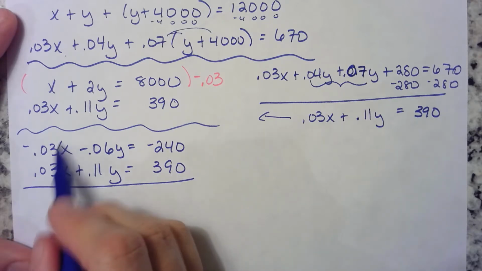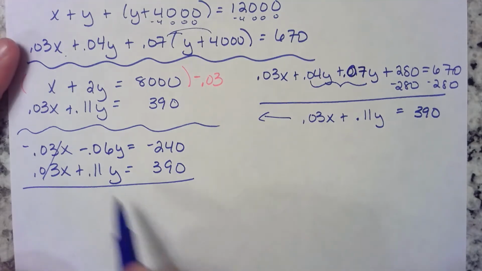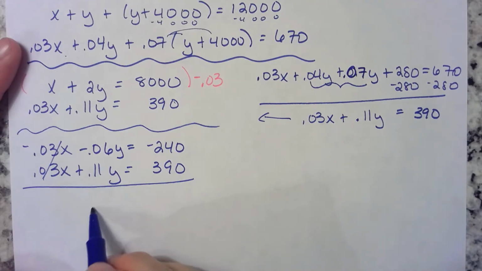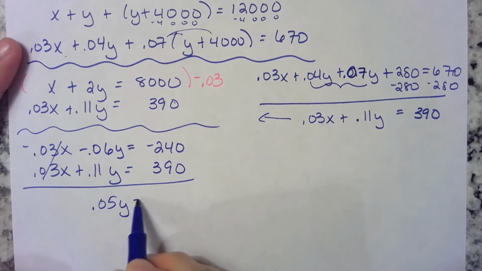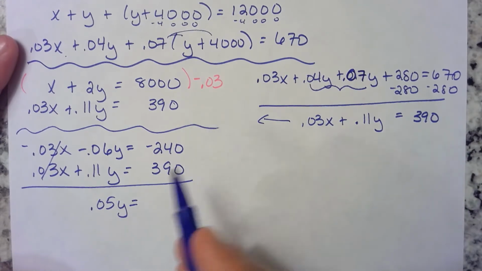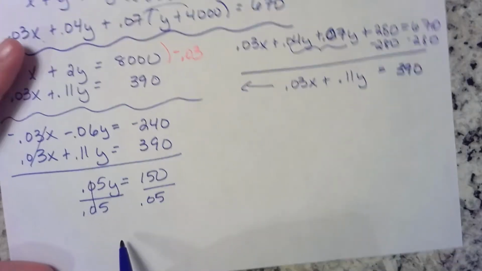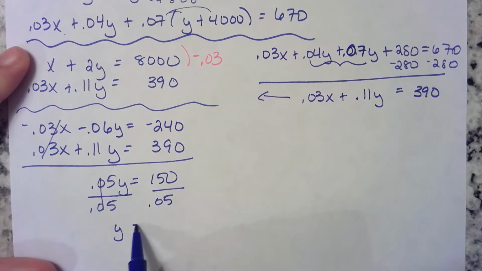This is 0. Negative 0.06 plus 0.11 is a positive 0.05. And negative 240 plus 390 is 150. Divide both sides by 0.05. We find out that y is equal to 3,000.